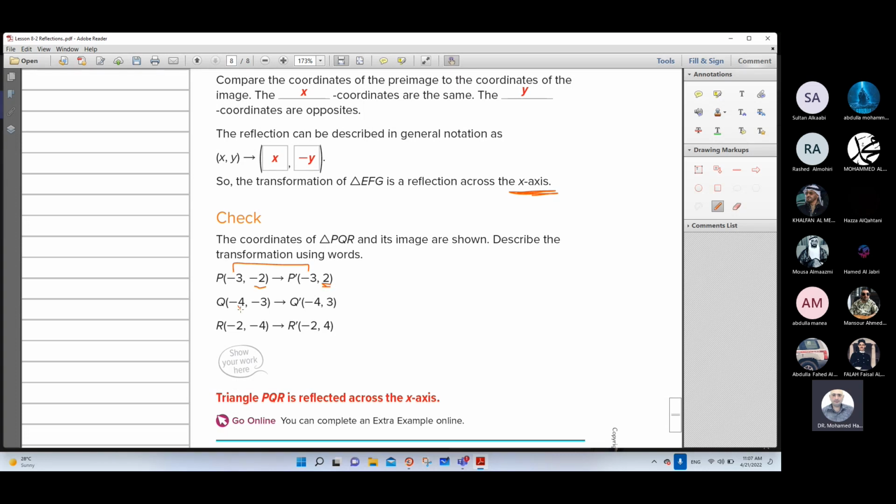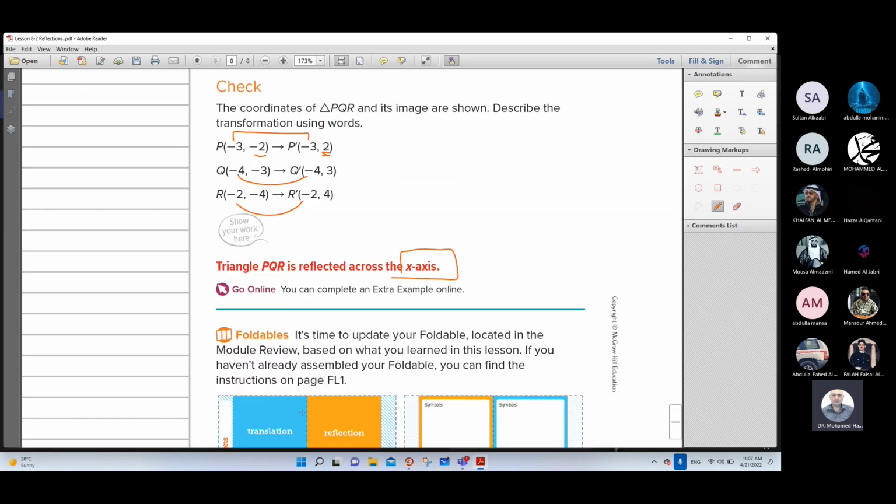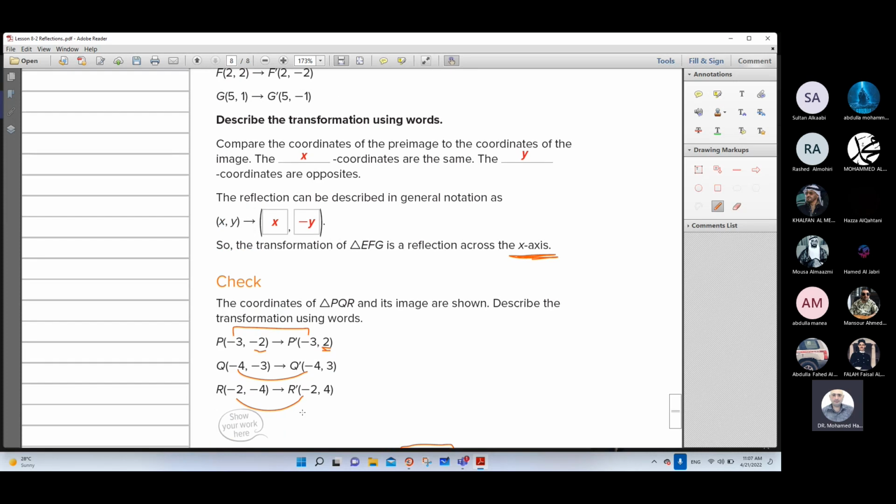Here the same x, the opposite y. Here the same x, the opposite y. So the triangle BQR is reflected across what? Across the x-axis.